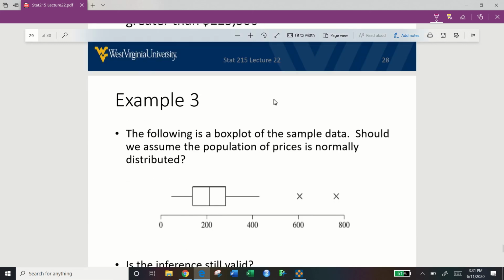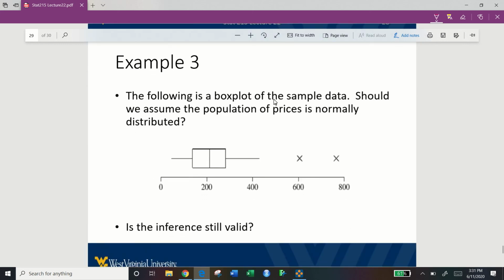All right, now let's take a minute to examine our third example a little more. The following is a box plot of our sample data. Should we assume the population of prices is normally distributed? Well, if we examine this, what do you think? Are our inferences still valid?